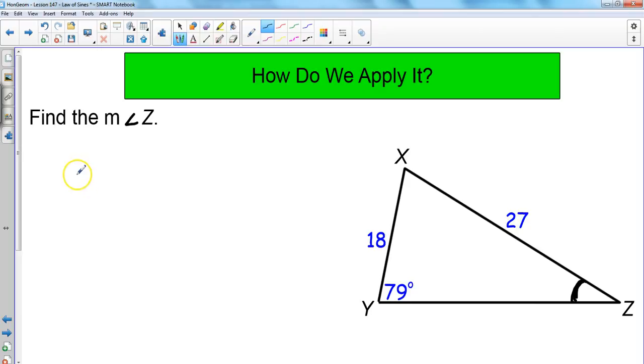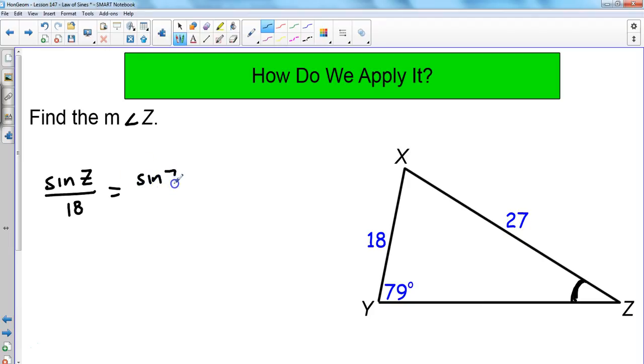So I want to find the measure of angle Z. So I know that the sine of Z over the side that it projects to, so that's 18, is equal to any other ratio of sine of an angle to the side. So we have one here, so let's go ahead and use that.